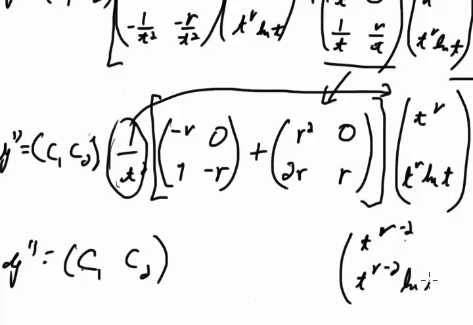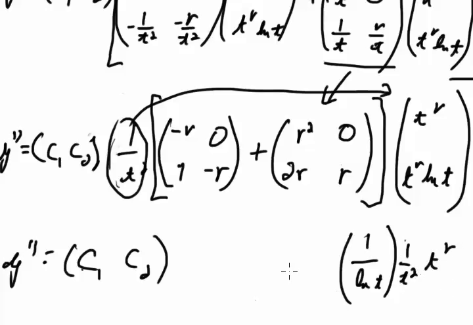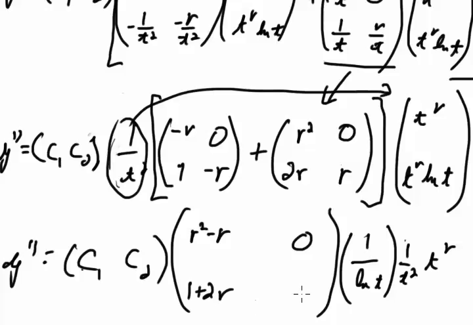I should just put it as 1 and natural log of t times 1 over t squared t to the r. And then this part can be summed together: r squared minus r, 0, 1 plus 2r, and r minus r is 0. And this is not supposed to be a divide. It is just supposed to be natural log t.